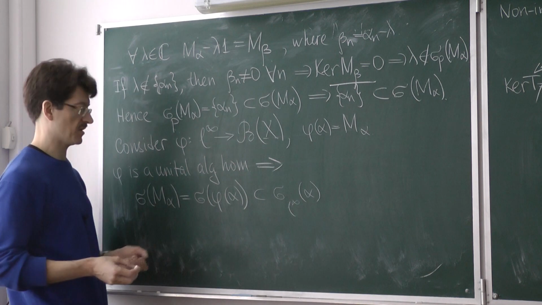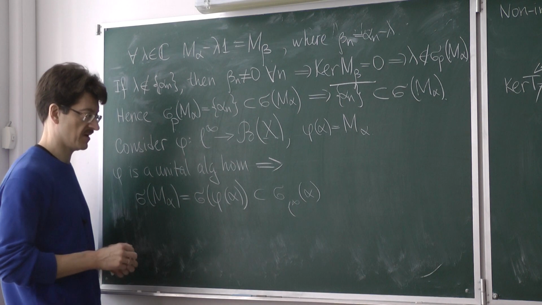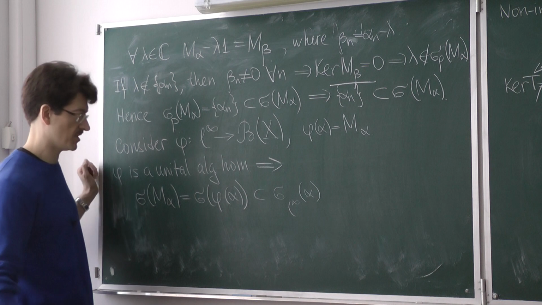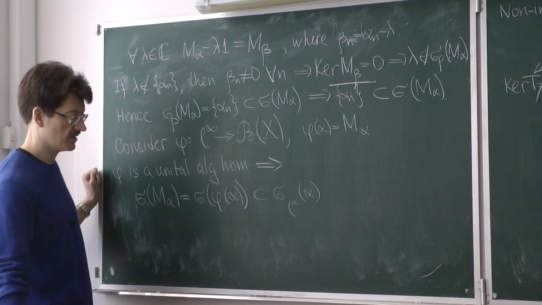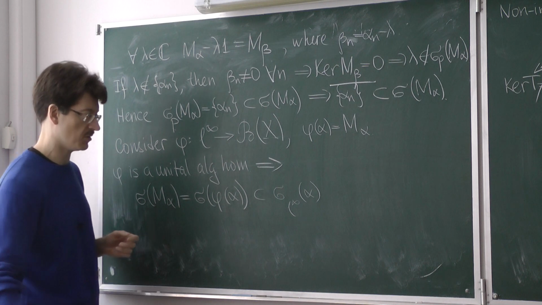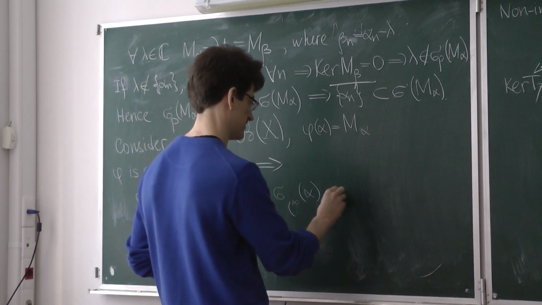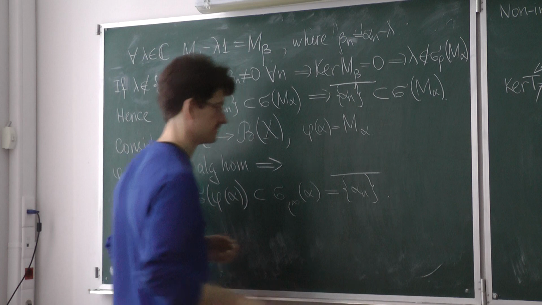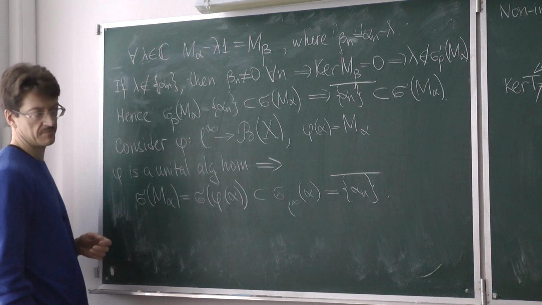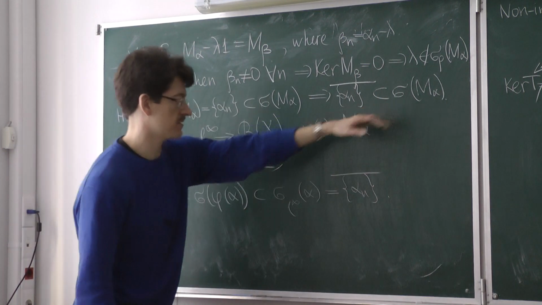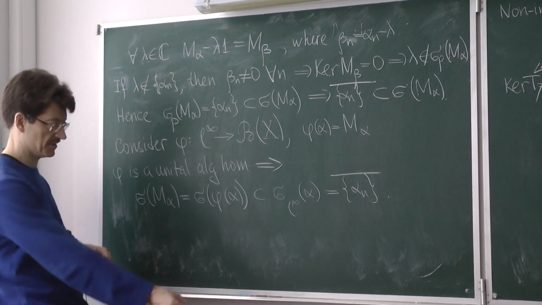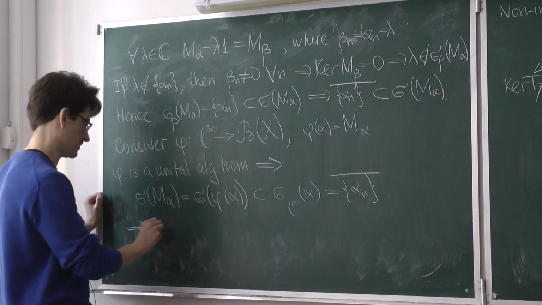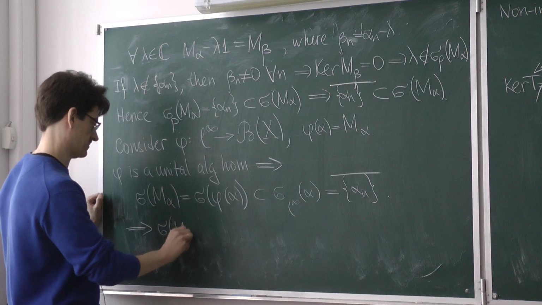Well, we know that the spectrum of a bounded sequence, more generally of a bounded function, alpha is the closure of its image. So this is the closure of the set of all elements alpha n. And if we now compare this and this, we conclude that the spectrum is exactly the closure of this set.